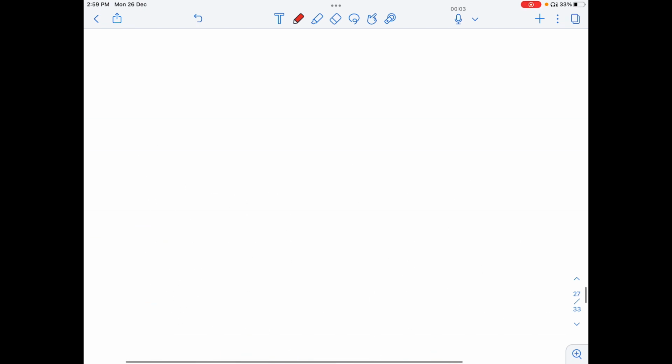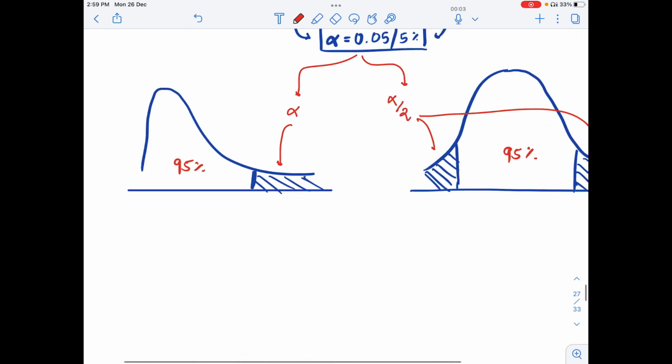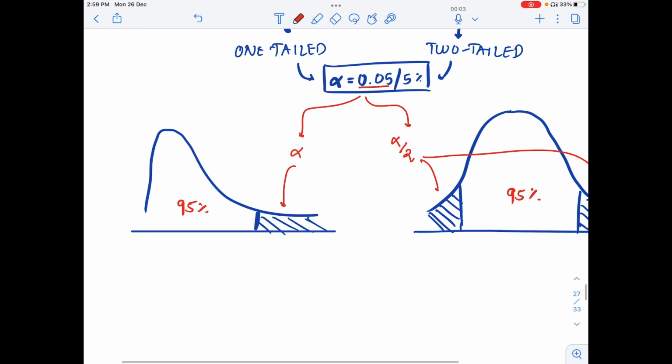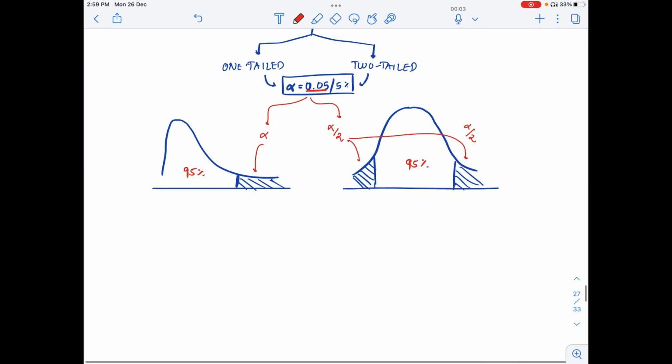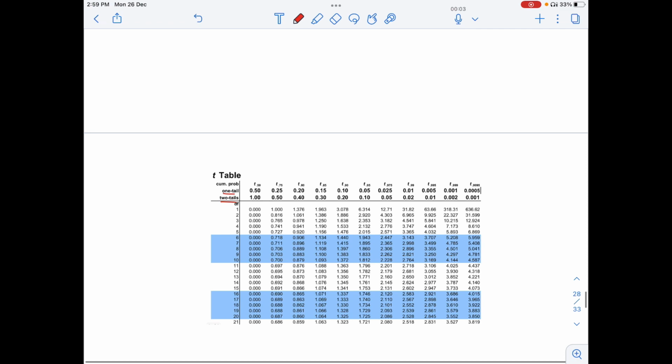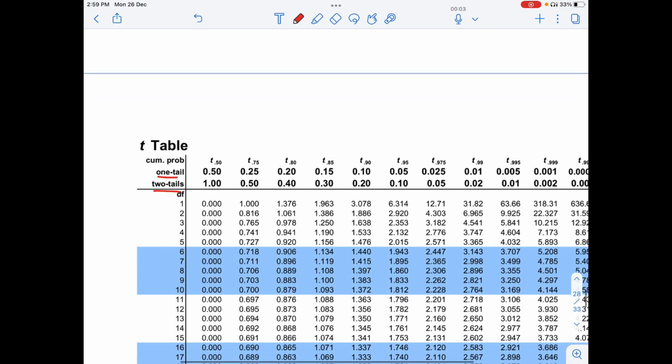If you are given that alpha for a particular test is 0.05 and you have to find both one-tailed and two-tailed T tabloid values, you simply look here. For example, for degree of freedom 1, you look here for one-tailed 0.05, and for two-tailed you look here, and that will give you the corresponding values.